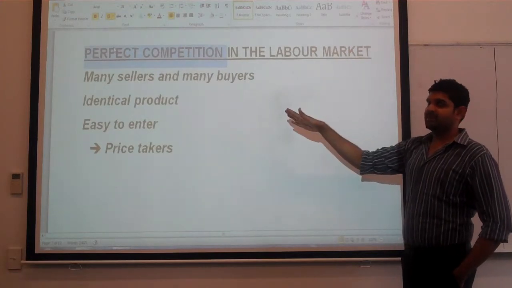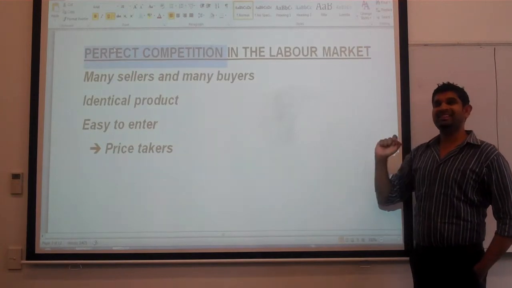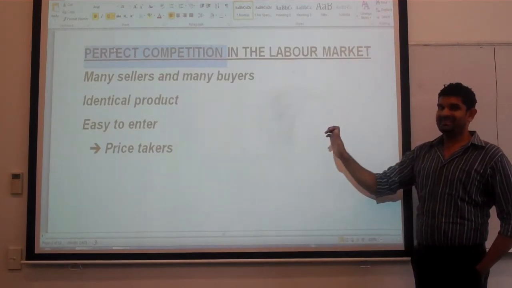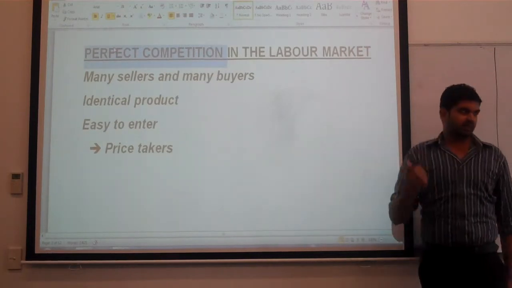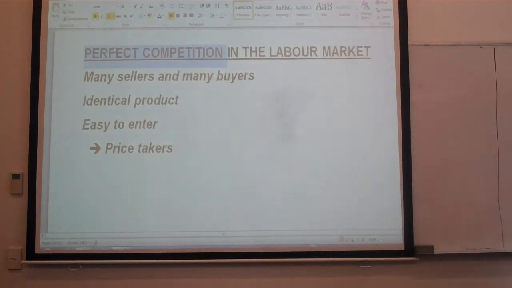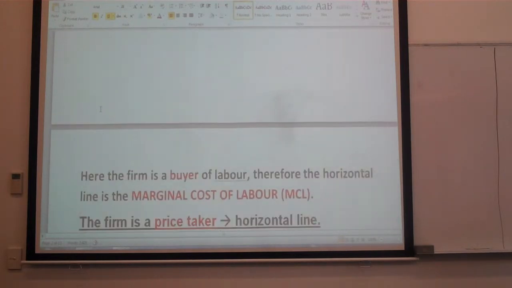The product that's being sold is identical, it's very easy to enter, therefore the sellers are all price takers. In fact, everyone's a price taker in this market. So we're going to see perfect competition in the labor market where the firms who are now buying labor and the workers who are now selling labor are price takers in the labor market.